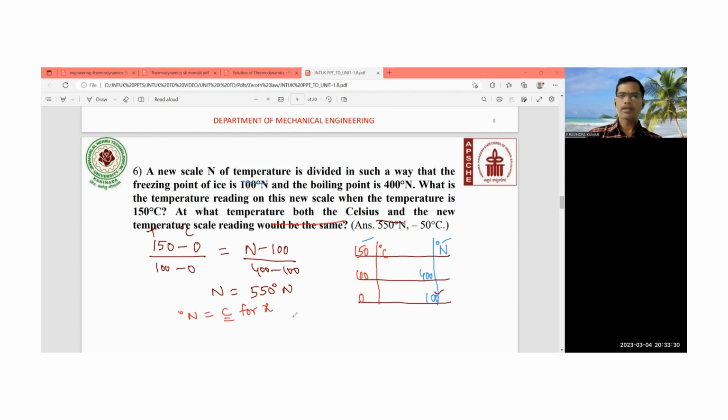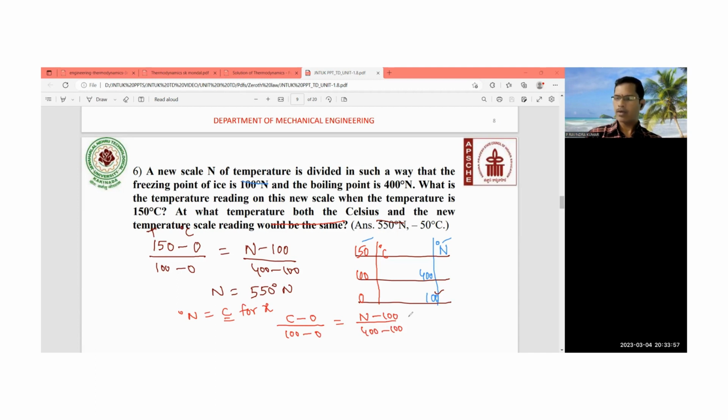So for this degree centigrade, now you have to find out this degree centigrade minus ice point divided by the steam point 100 minus ice point, which is equal to the n value here, that is n minus 100 ice point divided by 400 minus 100.